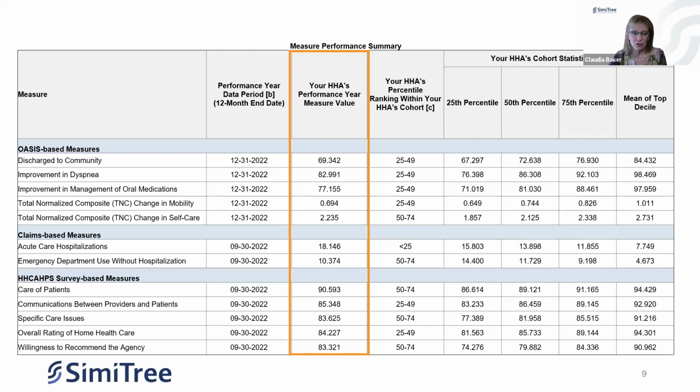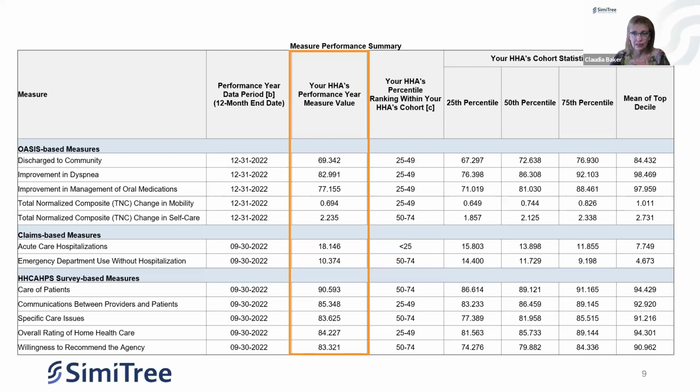Under the survey-based measures, again, we're hopefully scoring higher in all of these measures. In this example, we're looking at a mixed bag here. When you look at the third column, that's looking at your agency's percentile rankings within your cohort. We've got some here that are falling between 50 and 74, some that are falling between 25 to 49.